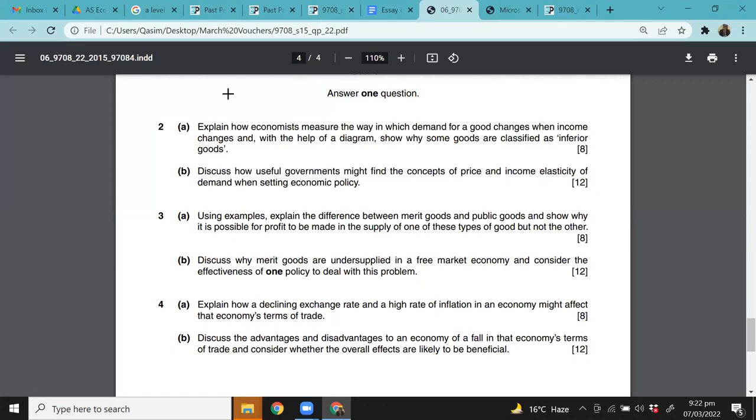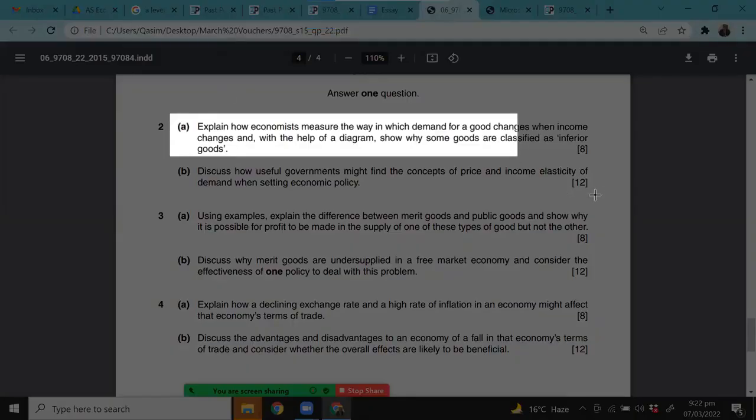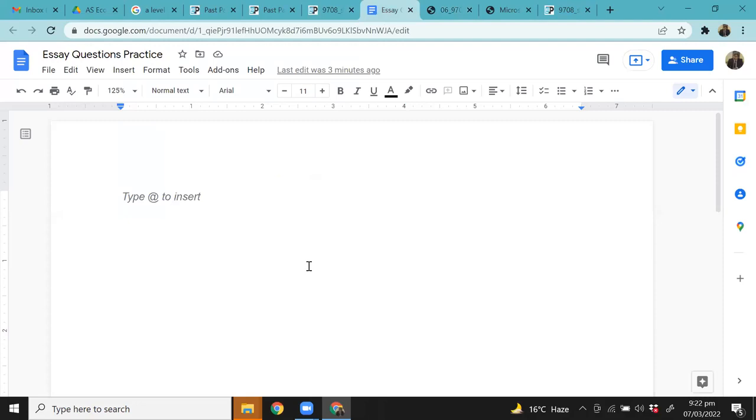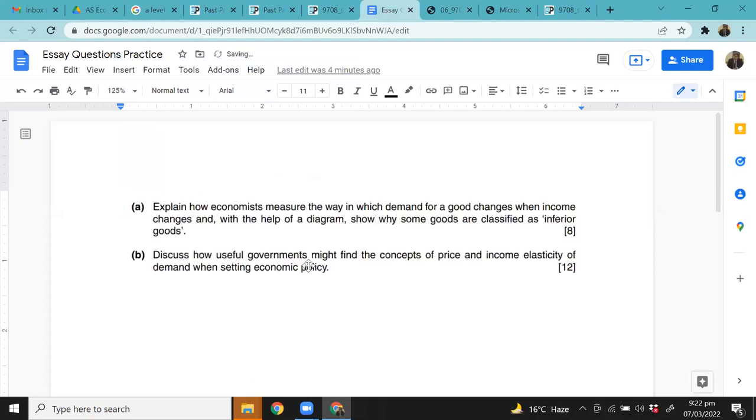just a second, right? So we'll just copy paste this question in our answer sheet here and then get started. Okay, now the A part, students. The A part says, explain how economists measure the way in which demand for a good changes when income changes, right? Now, we do know just by reading the statement that it's talking about income elasticity of demand, right?